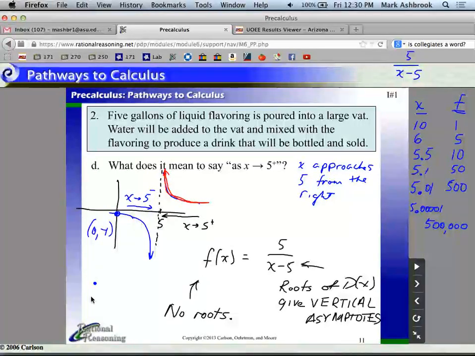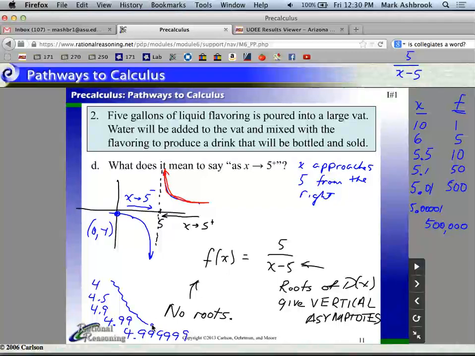That would be a sequence like this: 4, 4.5, 4.9, 4.99, 4.9999999. So this would be x approaching 5 from the left. So it would be x arrow 5 minus. Okay?